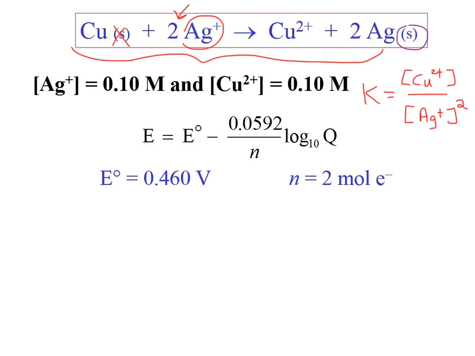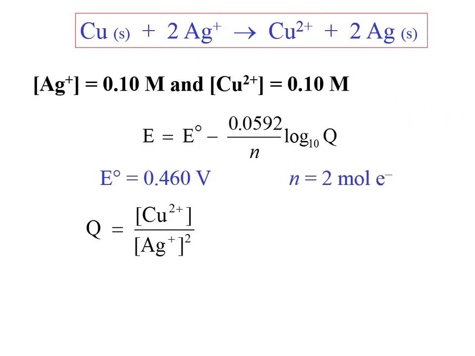It's a really common mistake to kind of blow off the whole silver squared. But the reason is because the coefficient in front of the Ag plus is 2. So that's where that came from. It's going to be the same for both molar concentrations. So now we can go ahead and plug in 0.1 molar for both of these.